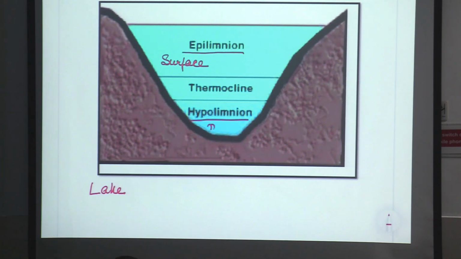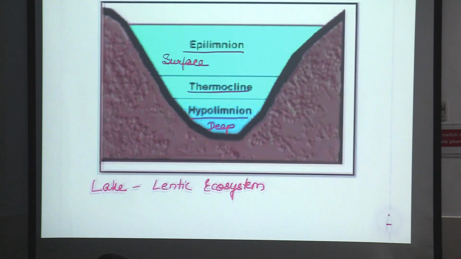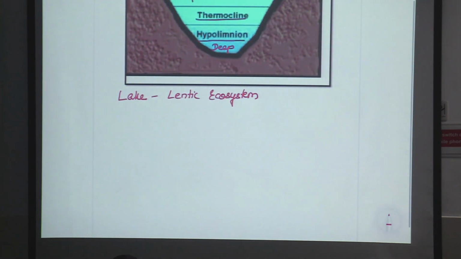Hypolimnion, deep. Thermocline, intermediate. These terms are applied for a lake, the lentic ecosystem.